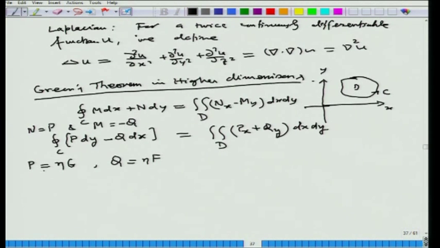Putting these p and q here, we get eta g dy minus f dx equal to the double integral, with two terms because there are two functions.